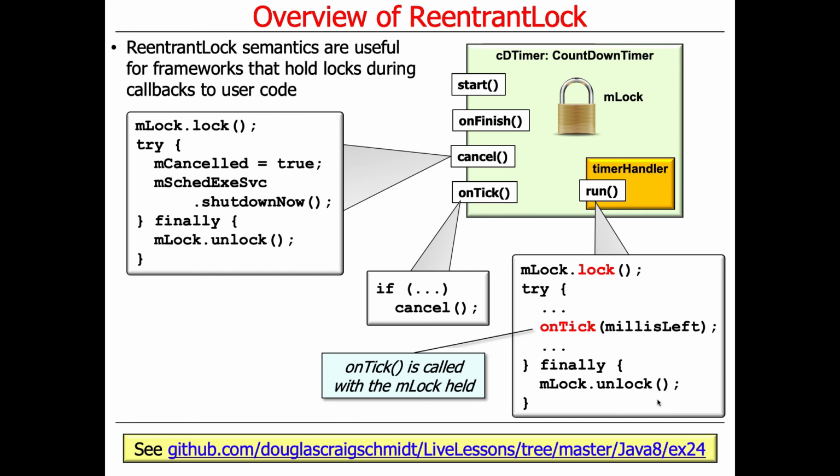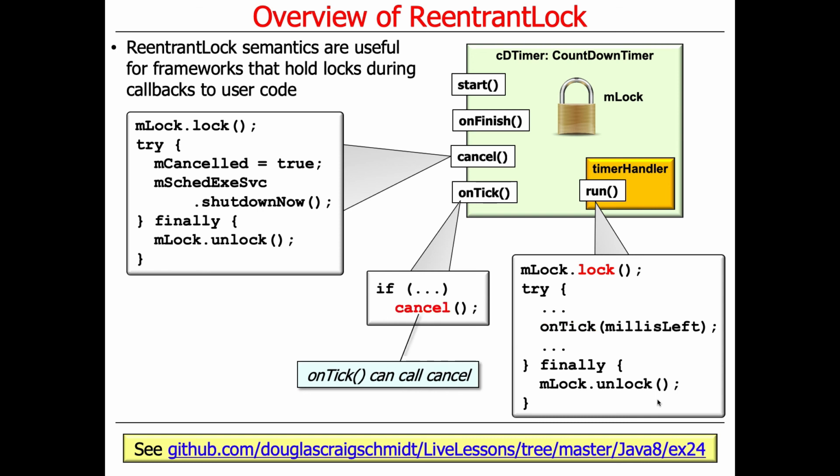And the way this works is that when the run method in the background thread runs, it goes ahead and acquires the lock, because there's some internal state for managing the countdown timer. And with the lock held, it calls the onTick hook method, which is this thing, with the lock held. And that's because it needs to hold the lock while it's doing this stuff, because someone could come along and do other things in other threads to access the state of the countdown timer.